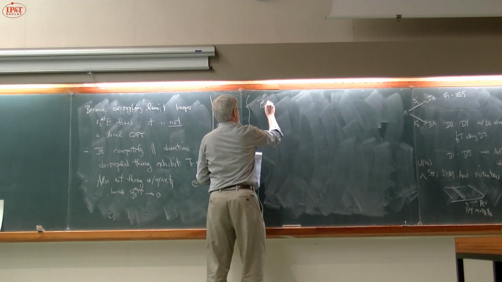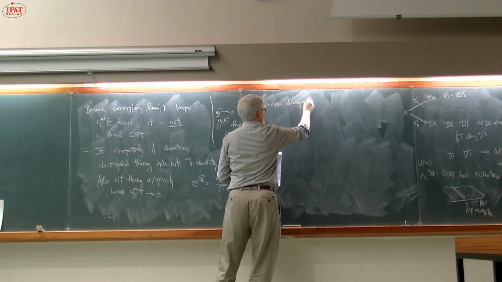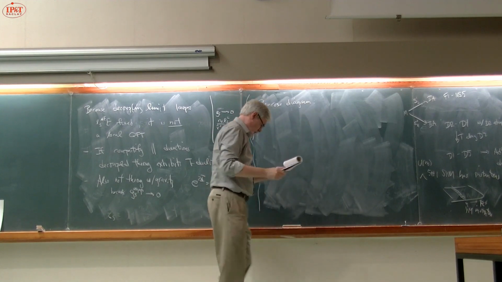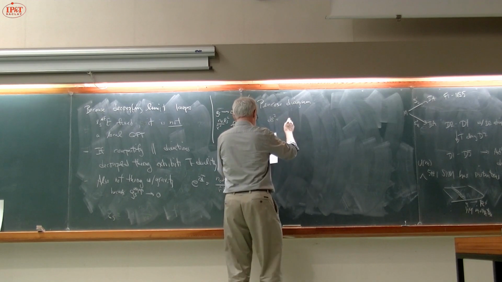Let's think a little bit about the Penrose diagram of our decoupled theory. So what was our metric after we took decoupling?